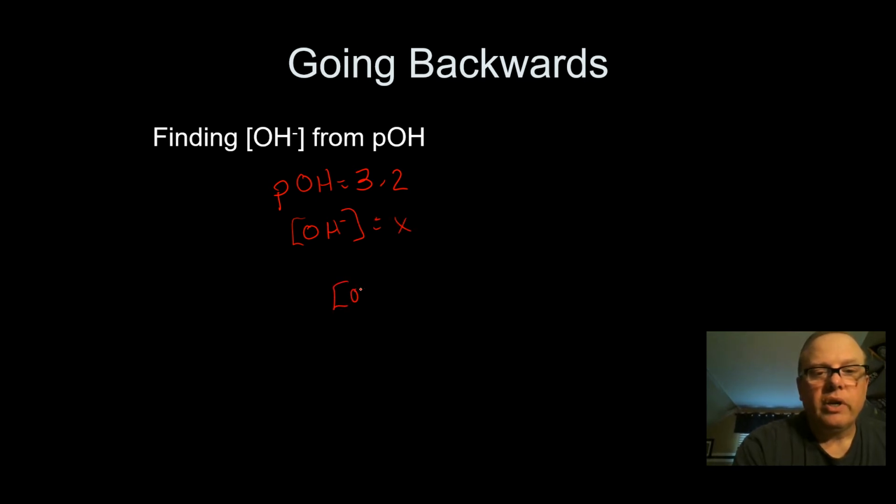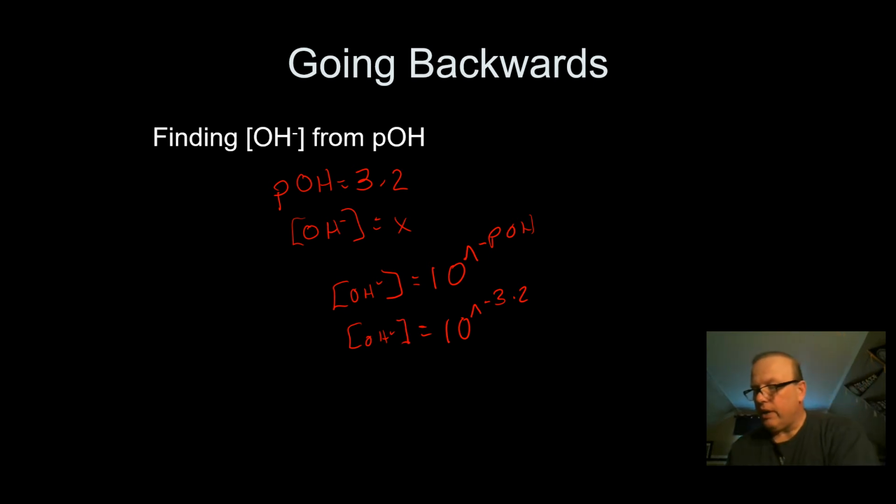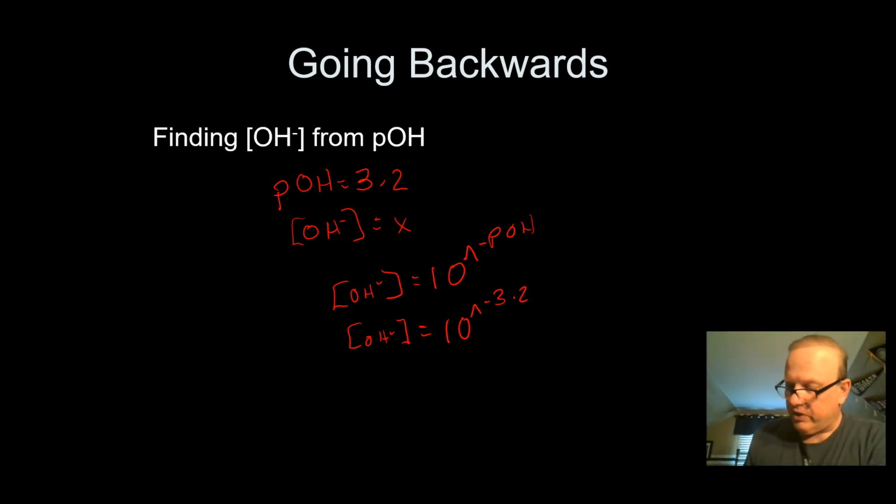So the hydroxide ion concentration would be equal to the inverse log of the negative pOH, so negative 3.2. Again, I'm going to have to do this real fast. I'm going to hit second log negative 3.2, and I get 6.3 times 10 to the negative 4.